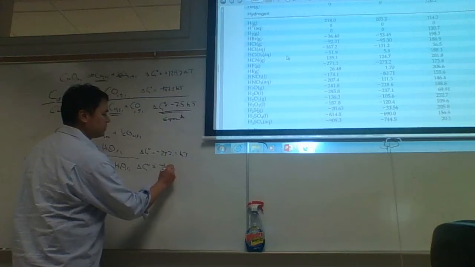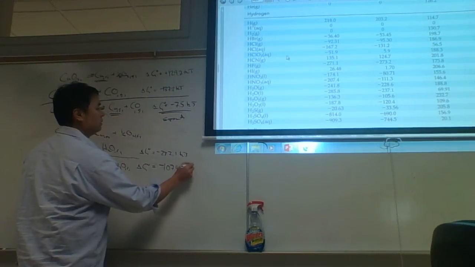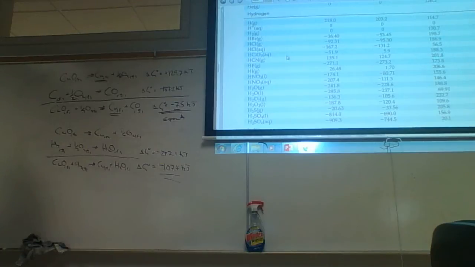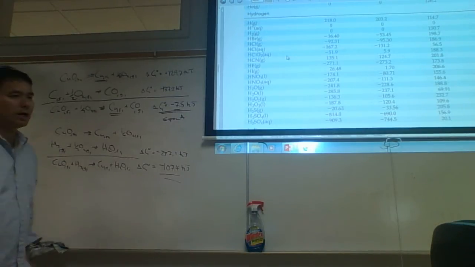So minus 107.4 kilojoules versus minus 7.5 kilojoules. And so we could pick different reducing agents to see, but this is how we can make a non-spontaneous reaction spontaneous at room temperature without having to resort to extremes. You know, just as long as the fuel cost is not too high, it works out okay.